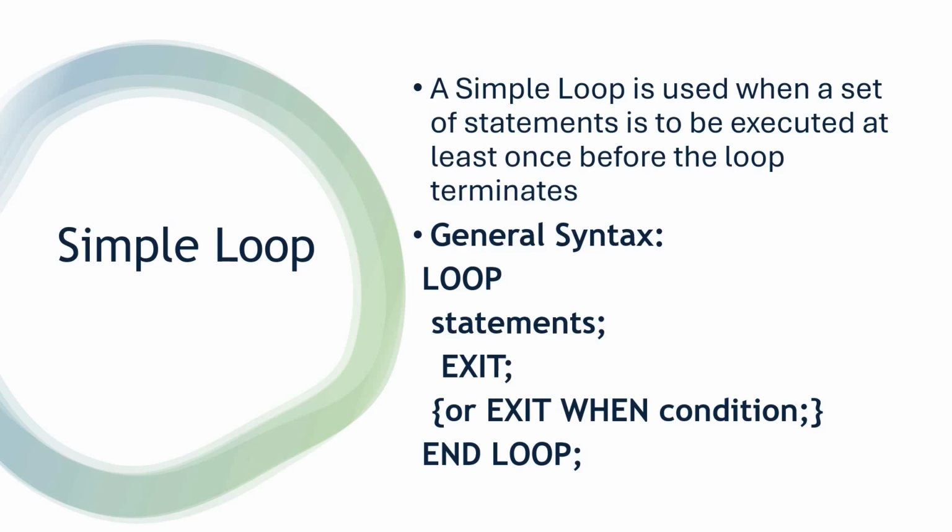Then you have to mention either EXIT or EXIT WHEN some condition. Irrespective of the condition, it will first enter the loop and execute the statements at least one time. Then, depending on the condition, if it is true, it will exit from the loop. If it is false, it will execute the statements again and continue executing as long as the condition is false.